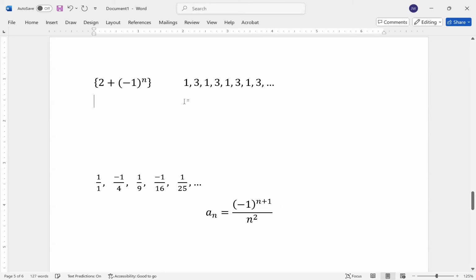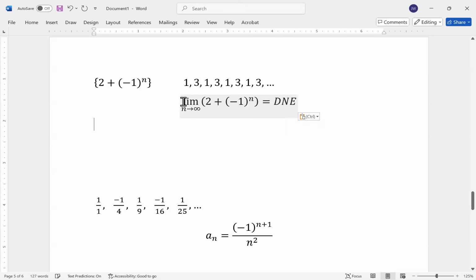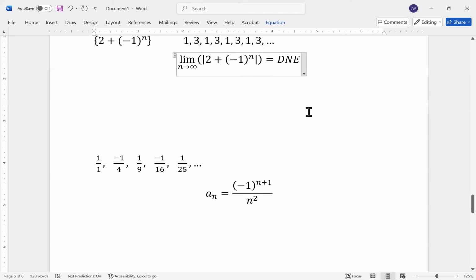In other words, if I took the absolute value of 2 plus -1 to the n, it still doesn't exist because the absolute value of 1 is 1, the absolute value of 3 is 3, absolute value of 1 is 1. It still goes back and forth between 1 and 3, so that limit does not exist.